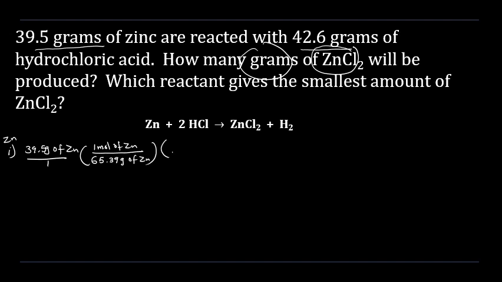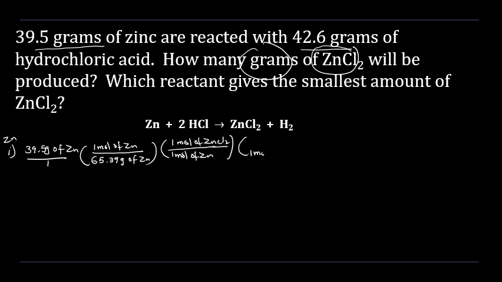Then I will connect that with the equation. The stoichiometric relation between zinc and ZnCl2 is 1 mole of zinc to 1 mole of ZnCl2. I will not stop at moles because they said grams, so I will convert that into grams.